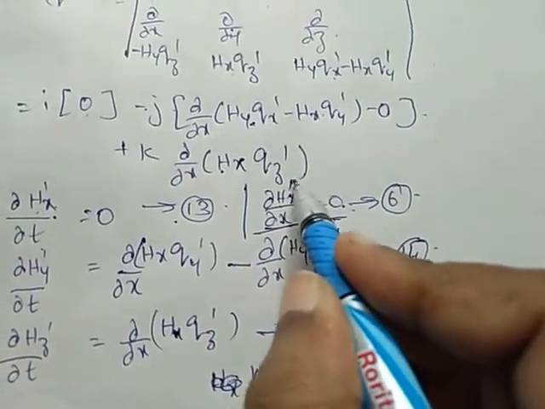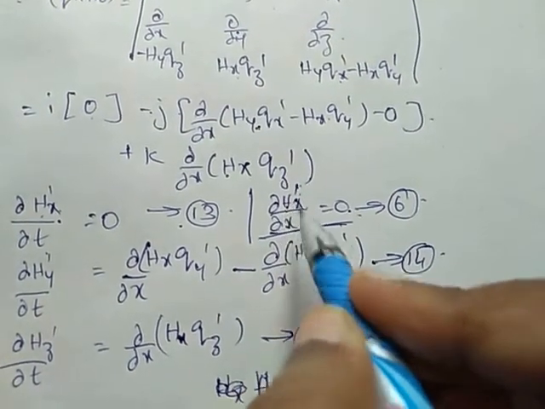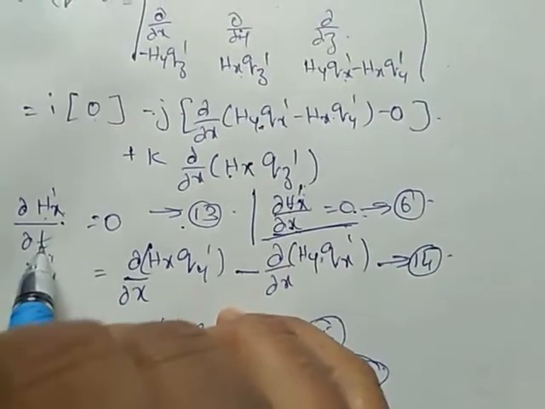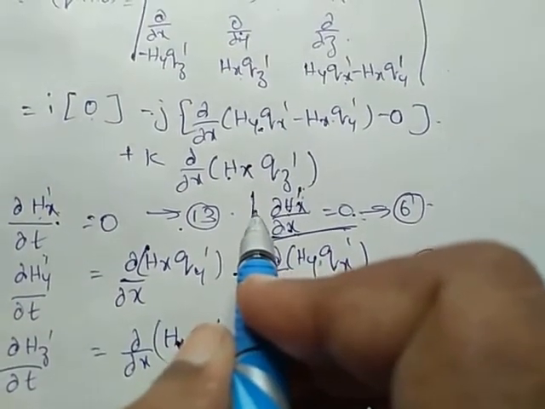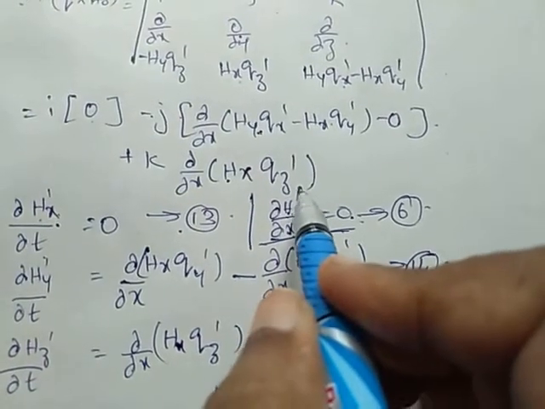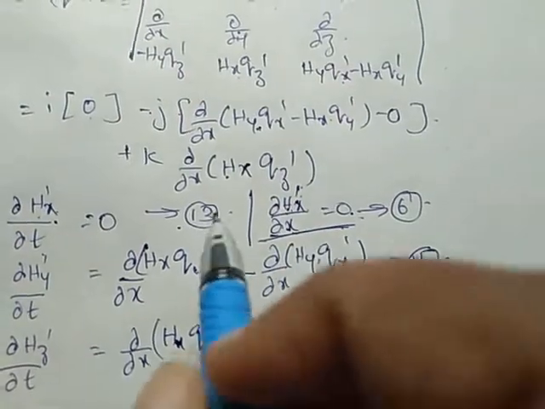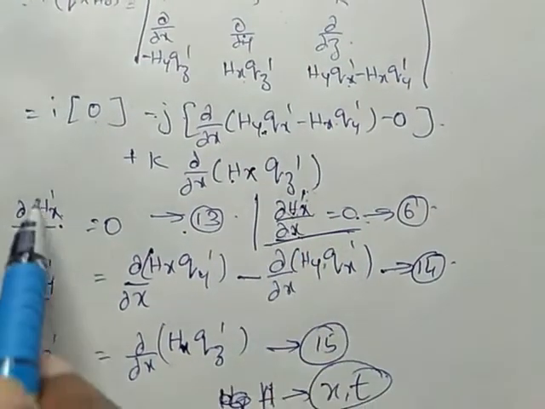There is no variation with respect to x and with respect to t in Hx. It means it should be constant. Therefore, Hx' should be 0. There is no variation in the x component of the perturbed magnetic field.